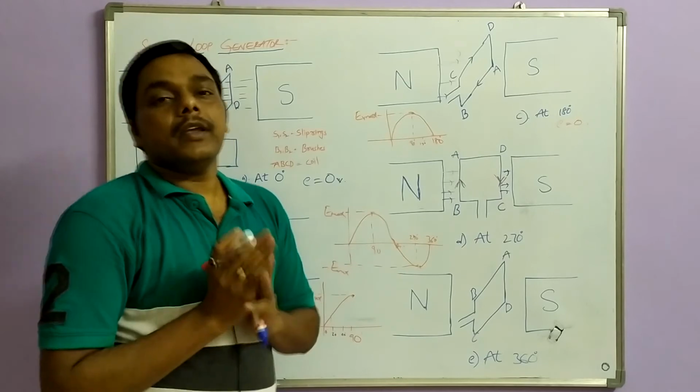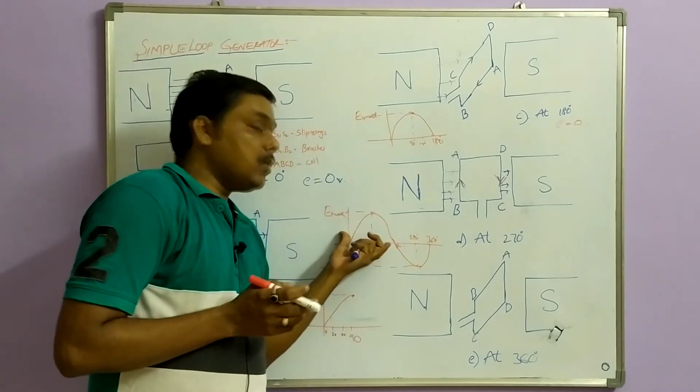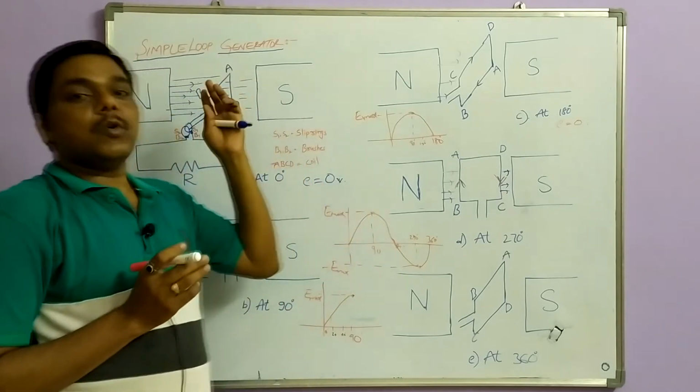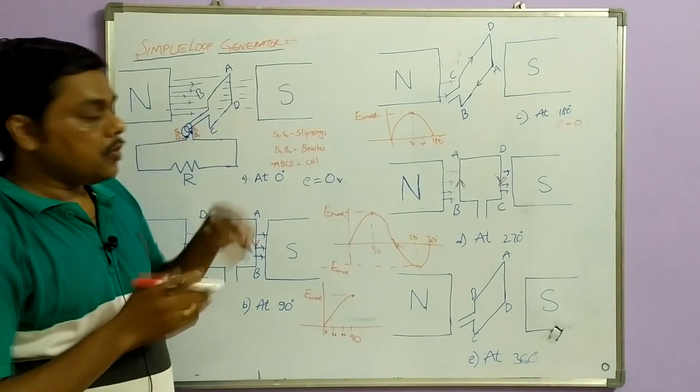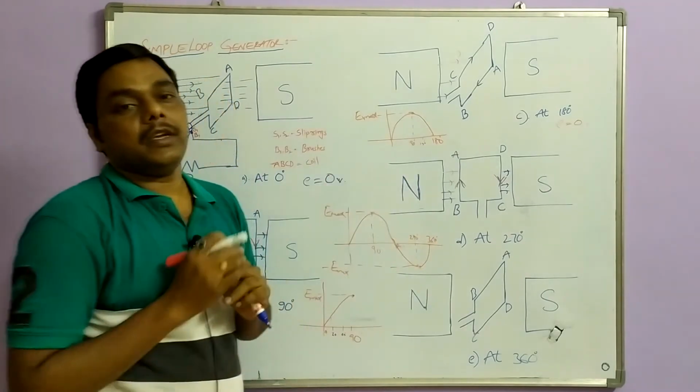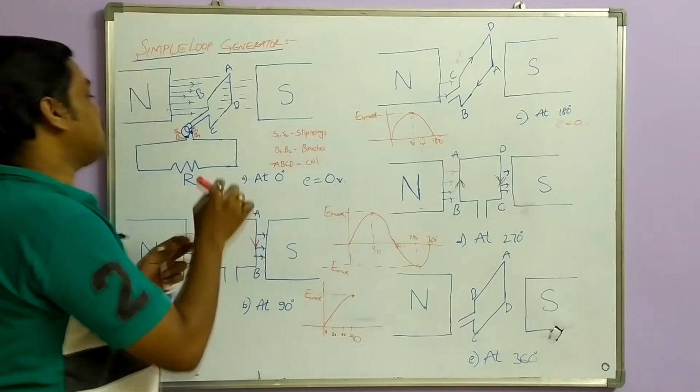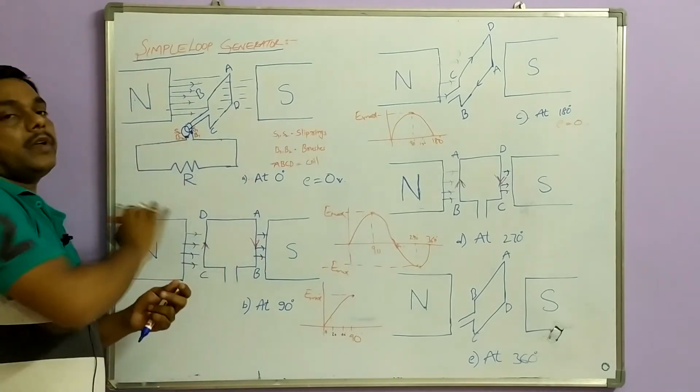So the generated EMF is AC, but we are discussing DC generators. Now how do you convert this AC into DC? For that, observe this diagram very closely.